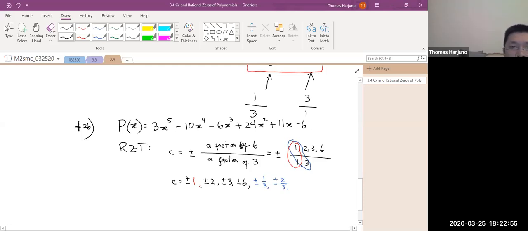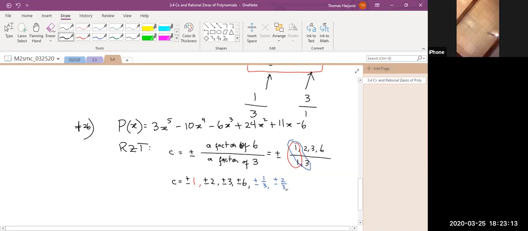So right now I have how many candidates, if I have any rational zeros? Those are 1, 2, 3, 6, 1/3, and 2/3 with the plus minus. So there are 1, 2, 3, 4, 5, 6 times 2 possibilities. 12. There are 12 possibilities.